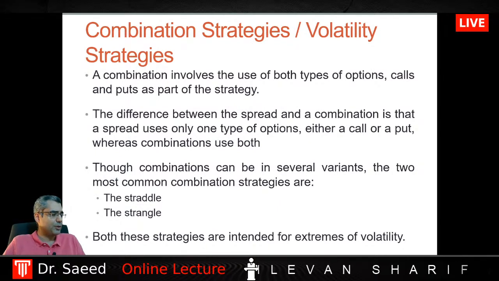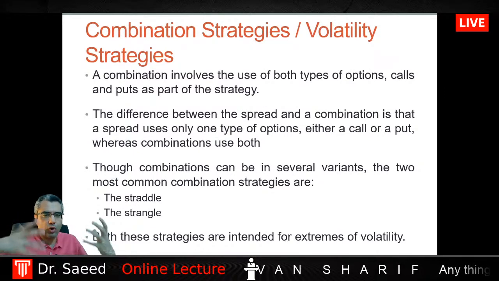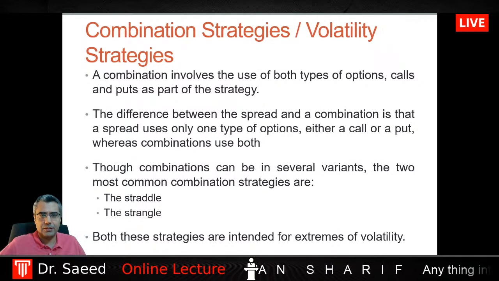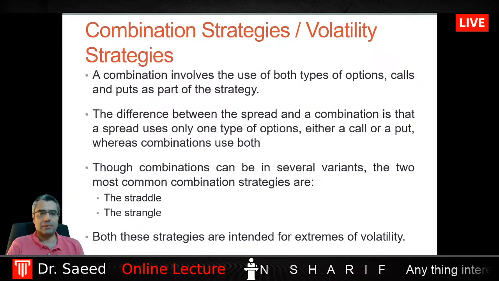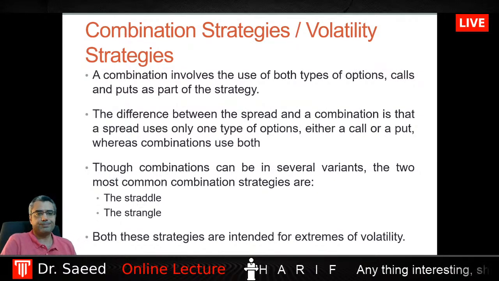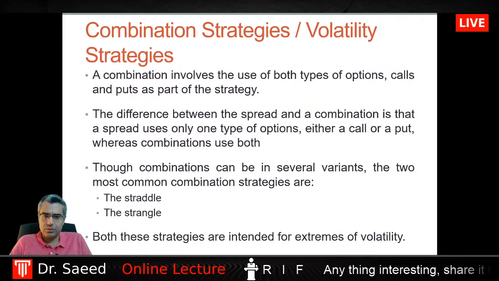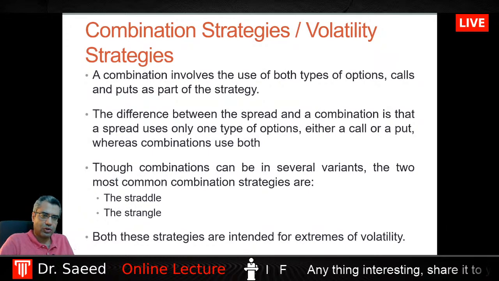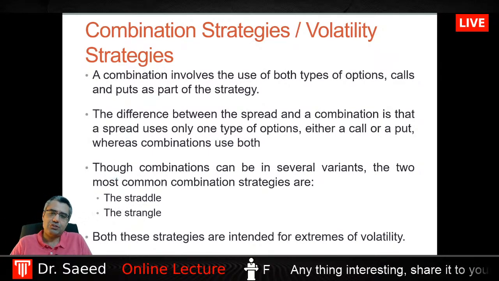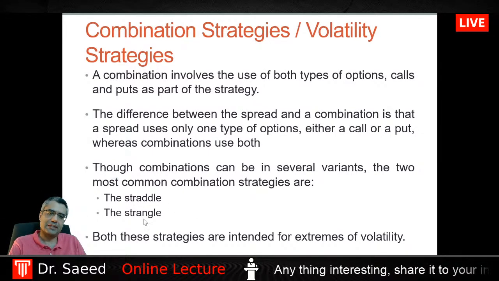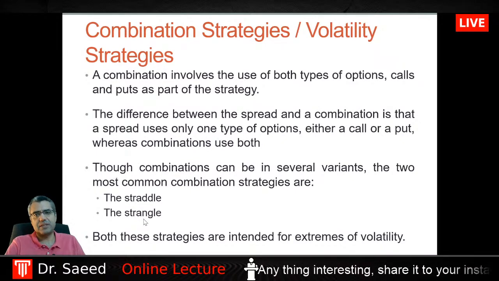So for the previous one, spread strategies, we only use calls or we only use puts, right? But here we combine call and put. So when you combine call and put, you can name it combination strategies. And two of the most common strategies are called straddle and strangle. So I think I will just explain these two to you.